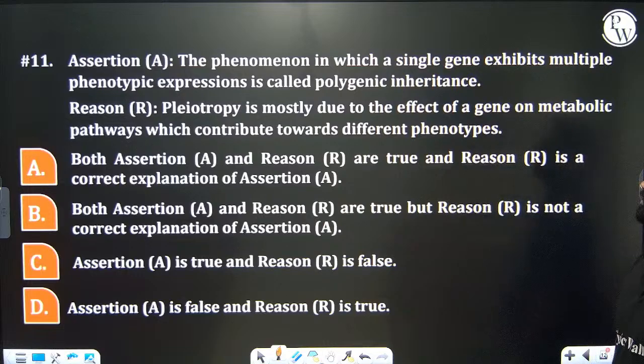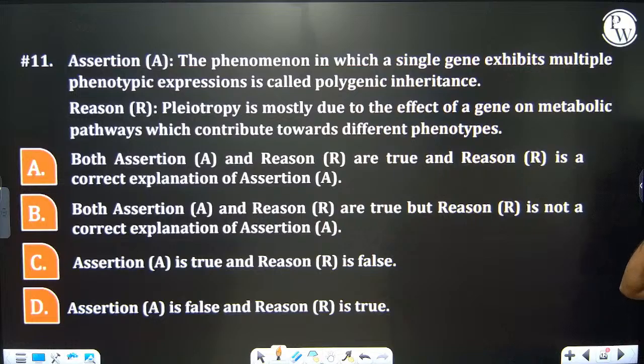The phenomenon in which a single gene exhibits multiple phenotypic expressions is called polygenic inheritance. Isn't it?